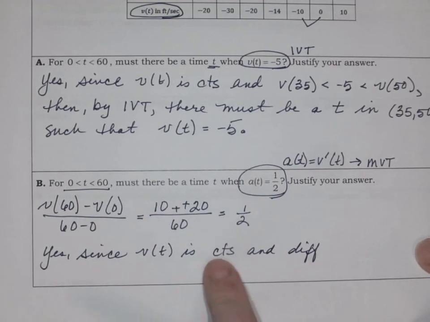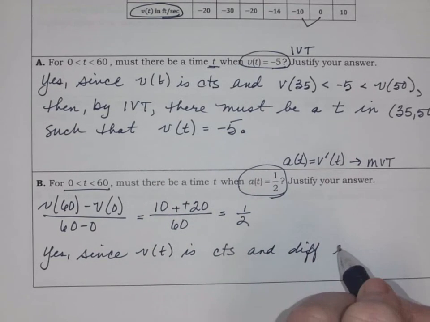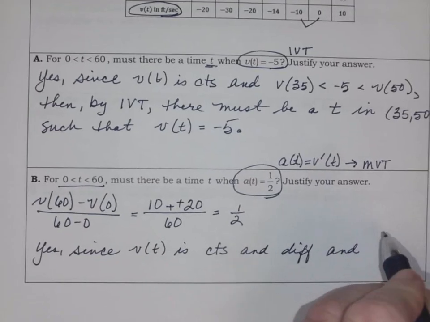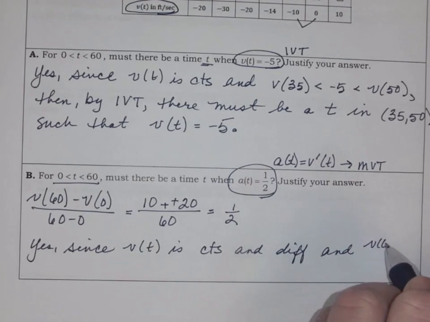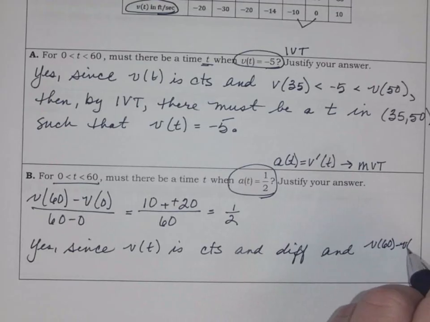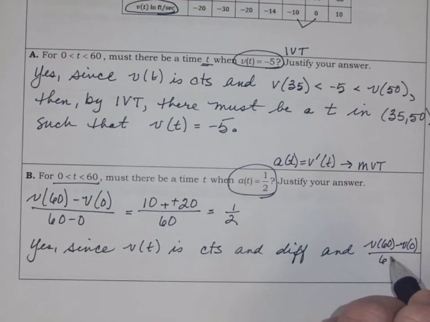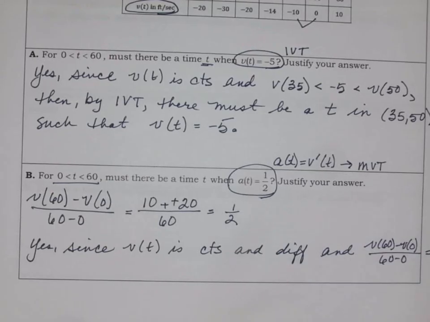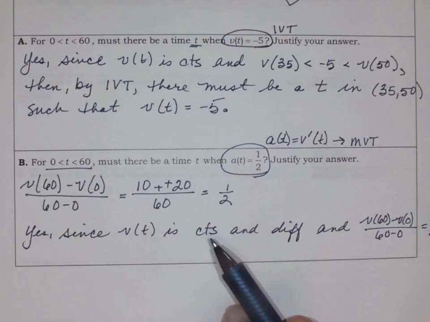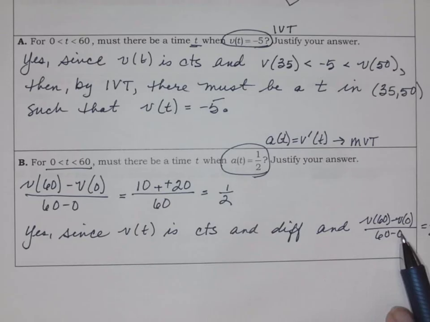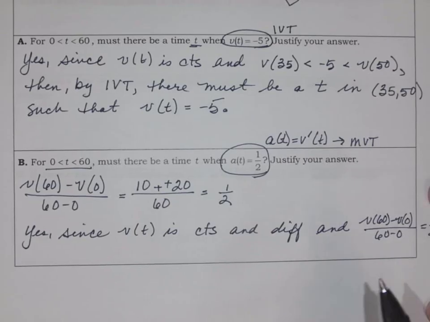Okay, so you've got to get both of those in there. And v of 60 minus v of 0 over 60 minus 0 equals 1/2. Okay, so that's the conditions. We've got continuous, differentiable, and the average rate of change. Now we can write our conclusion.